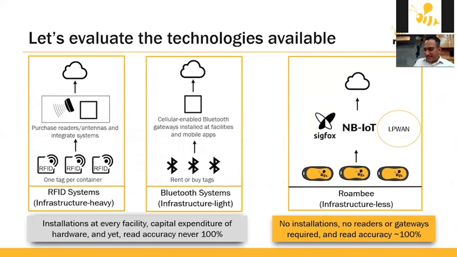What's also pretty cool about this hardware that we have developed is that it can also communicate on cellular technology as a backup if your country or region does not have a low power wide area network provider.